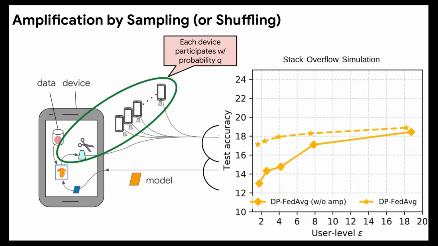The x-axis is the user-level epsilon, which measures the differential privacy protection. The smaller, the better. The y-axis is accuracy for utility. The higher, the better. As you can see, we show two curves, one with amplification and another without amplification. There's a gap, and the amplified version clearly has a win.